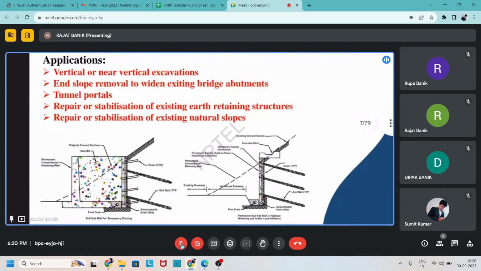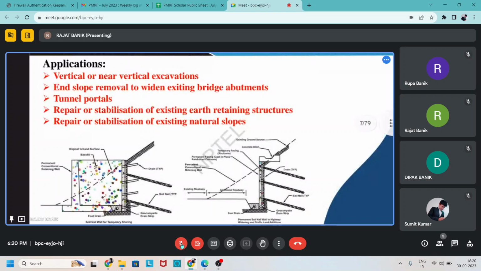Now we're discussing the different applications of this soil nailing technique. Here it is given that for vertical or near vertical excavation we can use soil nailing, to stabilize the side walls of the excavation on a temporary basis.